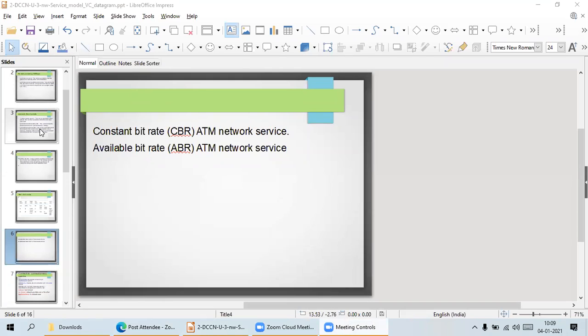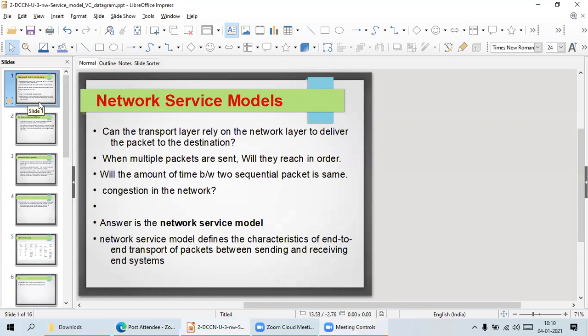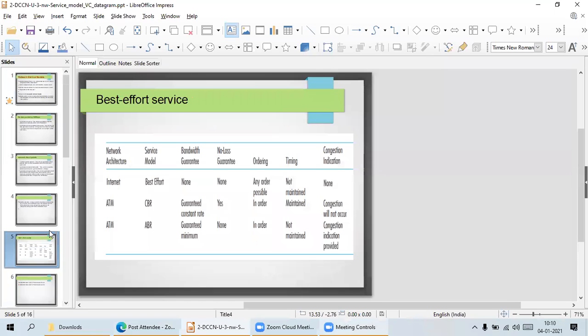Network service models address these four problems, but you cannot say that every problem can be solved.